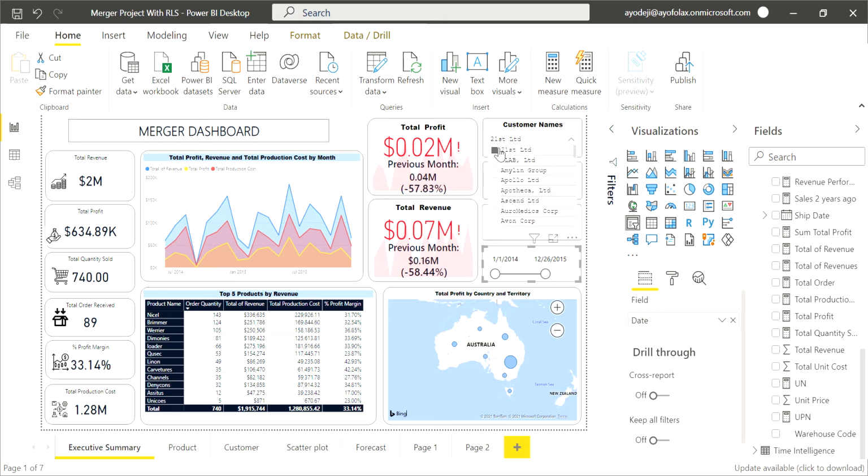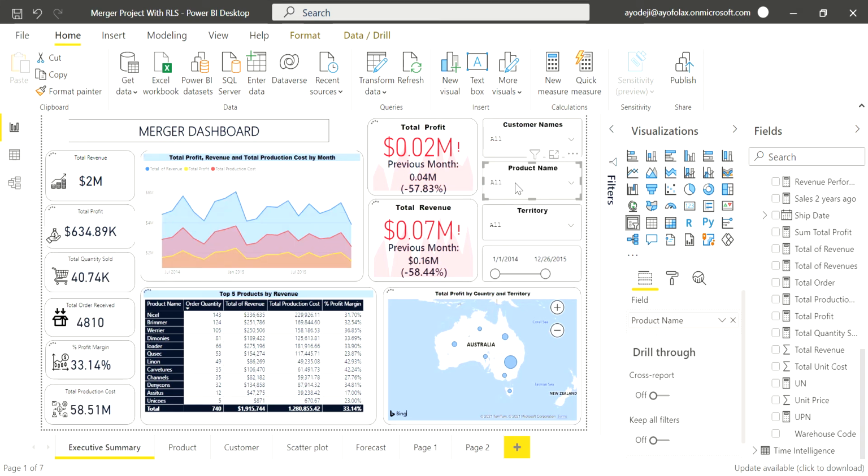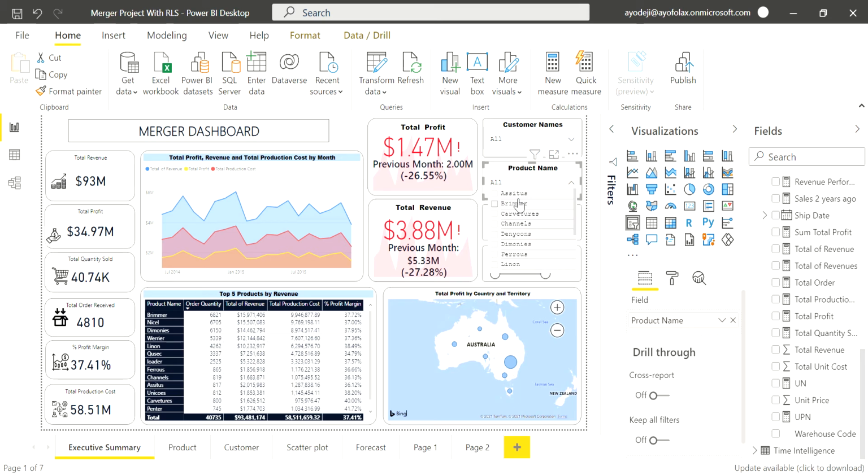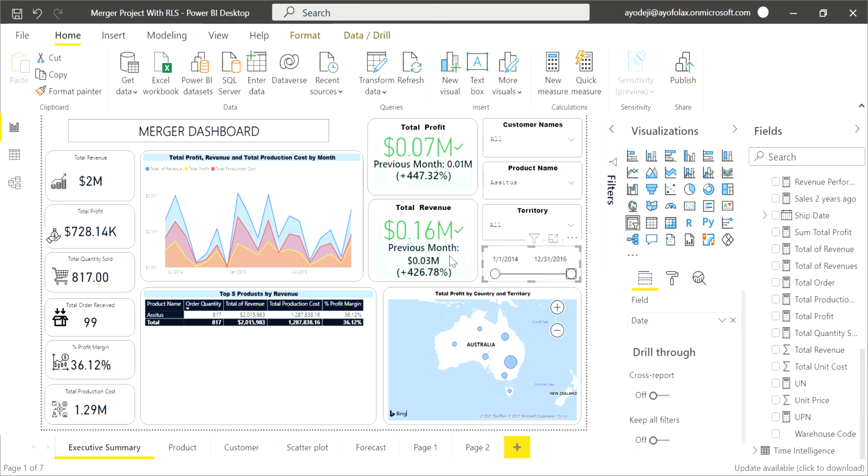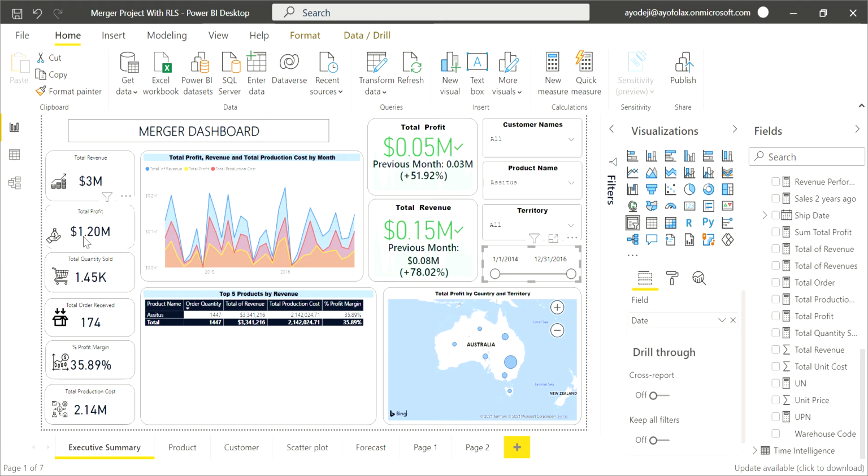Returning this back, we could also see the sales for each product. For example, Axis Tools made a total revenue across the period of 2014 and 2016 of over 1.2 million, a total order quantity of over 1,000, total revenue of a little over 3 million, and so on.